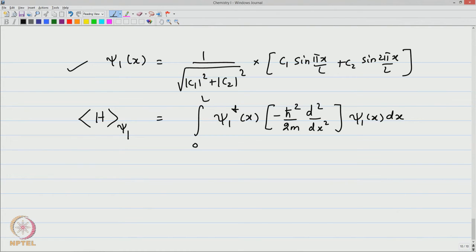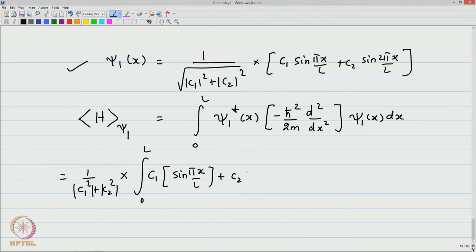Therefore, this is a calculation that you have to do, and since it contains psi 1 star psi 1, the function is squared. So, what you have is 1 by absolute C1 square plus C2 square multiplied by the integral 0 to L of C1 sin pi x by L plus C2 sin 2 pi x by L. This is the wave function.